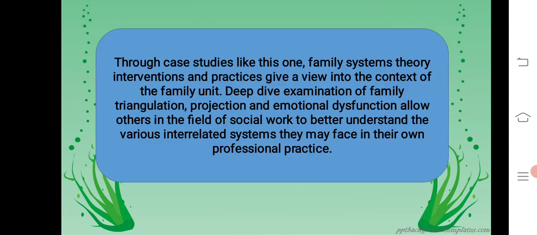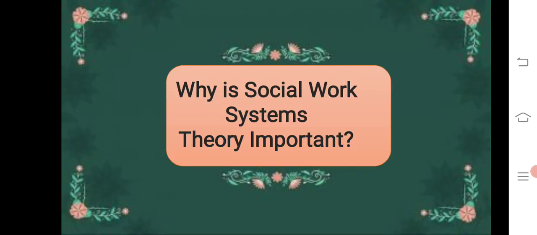Through case studies like this one, family system theory, interventions, and practices give a view into the context of the family unit. Deep dive examination of family triangulation, projection, and emotional dysfunction allows others in the field of social work to better understand the various interrelated systems they may face in their own professional practice.